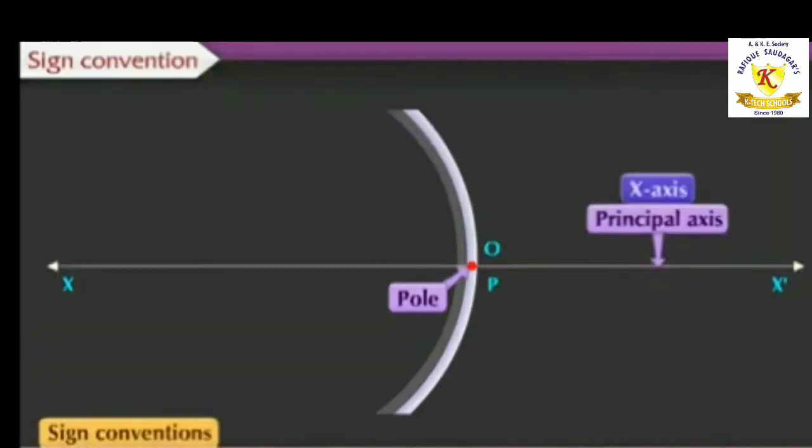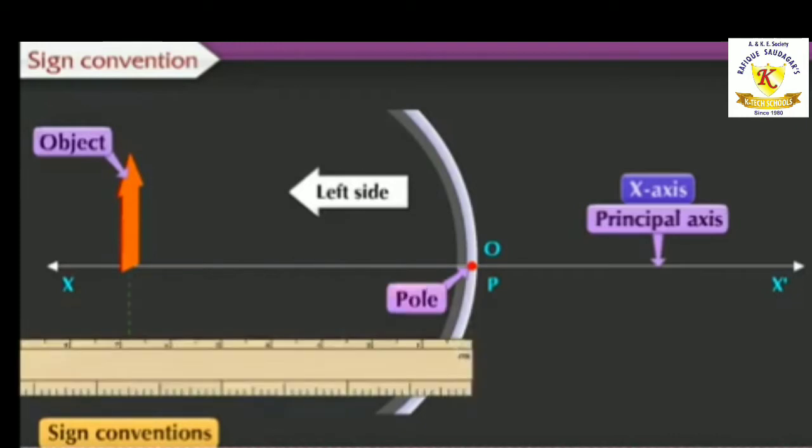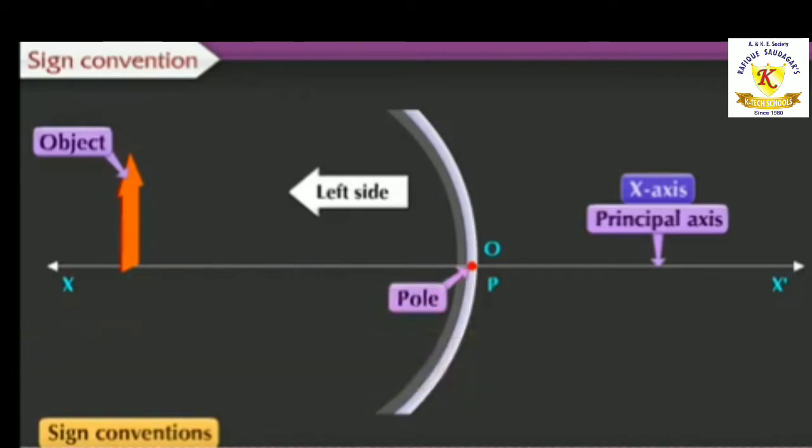So the sign conventions are as follows. The object is kept on the left of the mirror. All distances parallel to the principal axis are measured from the pole of the mirror.